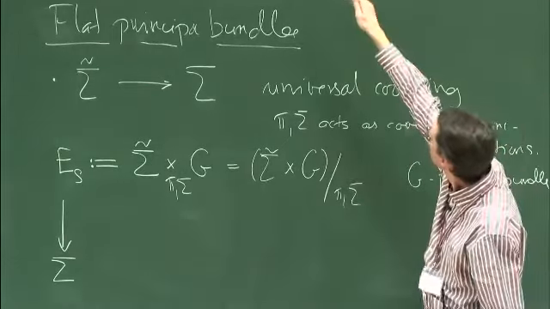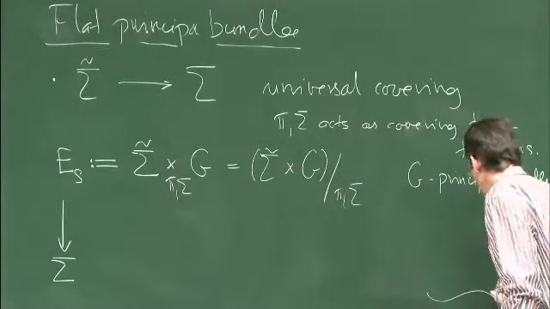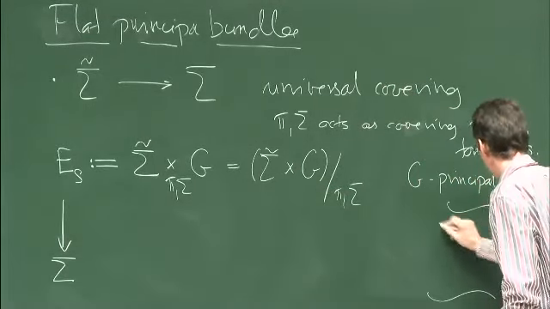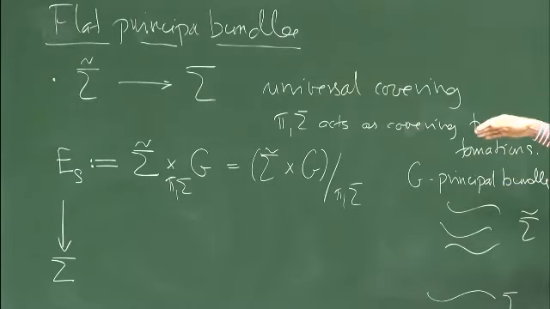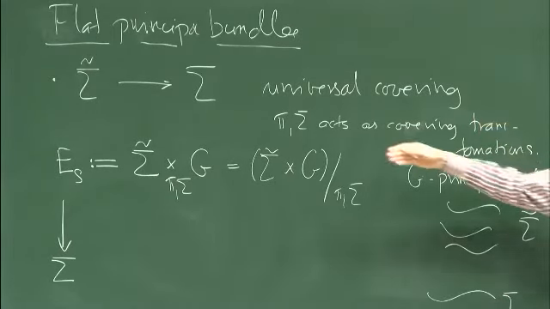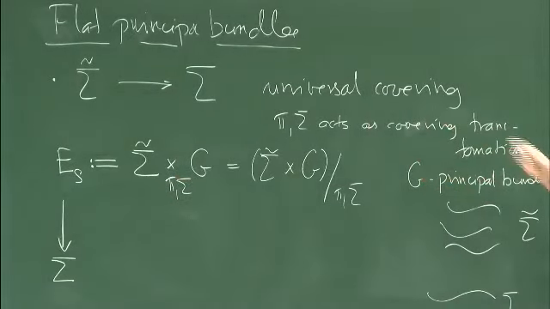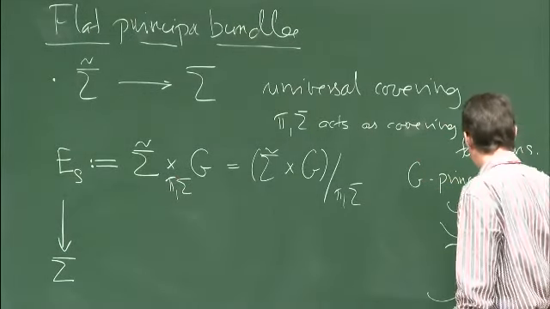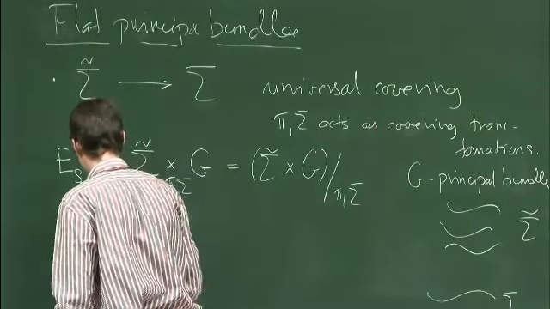Here's sigma and here maybe some layers of sigma tilde. The fact that our principal bundle comes from a representation of the fundamental group makes it a very special one, namely it's a flat bundle. So what does that mean?